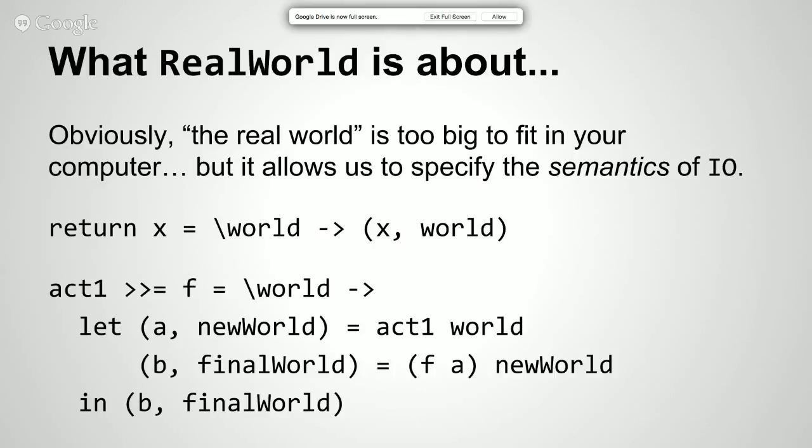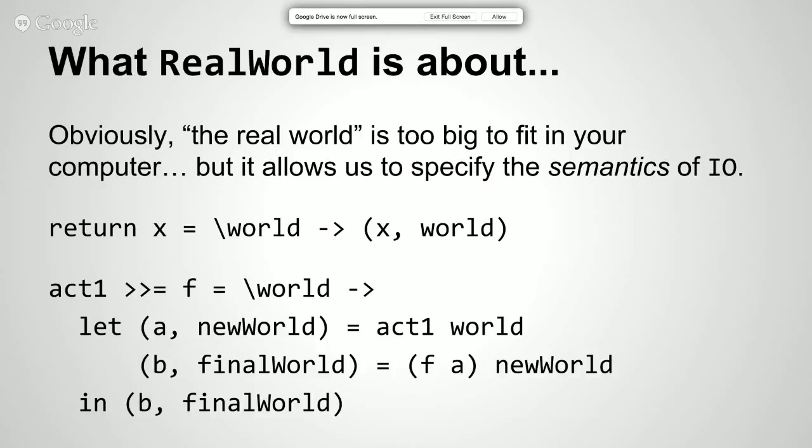And then act1 bound to f gives you another action, another IO, that first runs act1 on the world, generates an intermediate world called new world, and an A. And then we apply f of A. That's going to give us an IO of B. We apply it to the new world, and we get a B, and we get the final world.